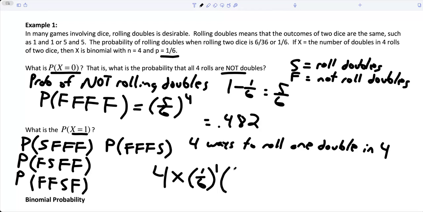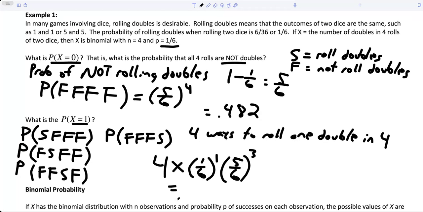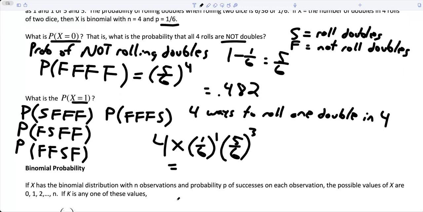And then the probability of failure, which would be 5/6, raised to the 3rd power because I have 3 failures. Calculate that for me. Put that into your calculator real quickly. Somebody help me out with that. That's what I got, 0.386.